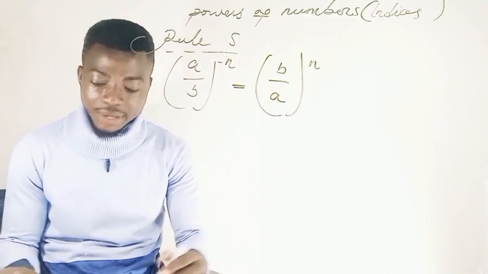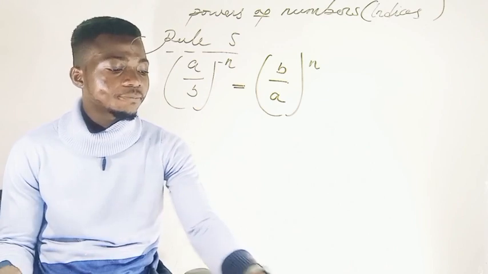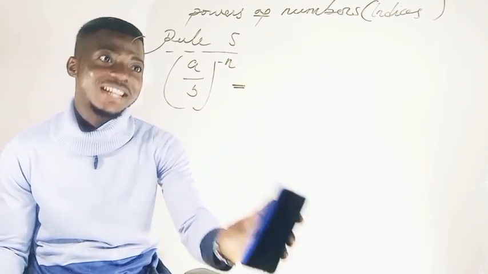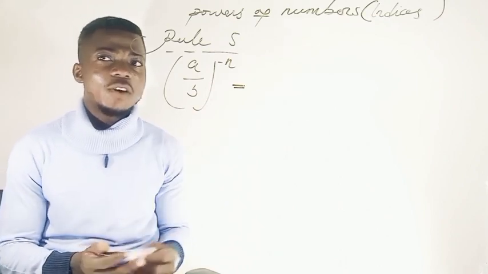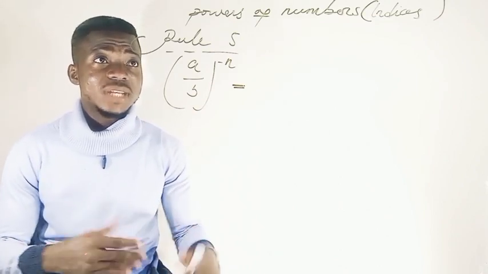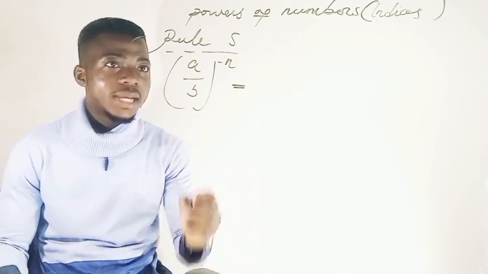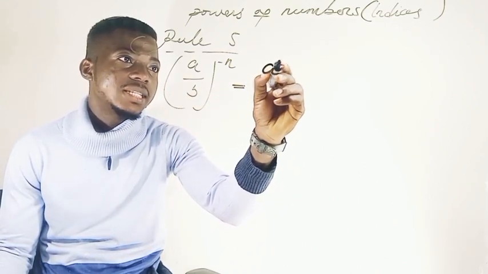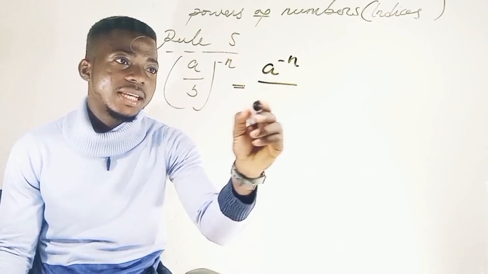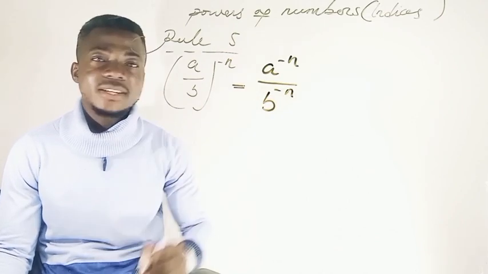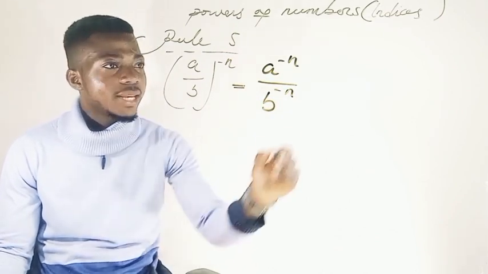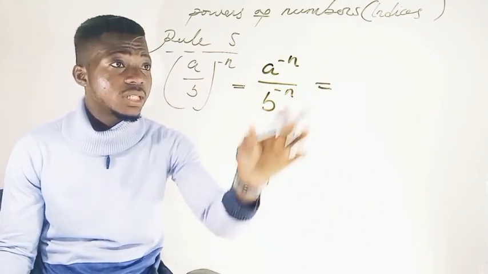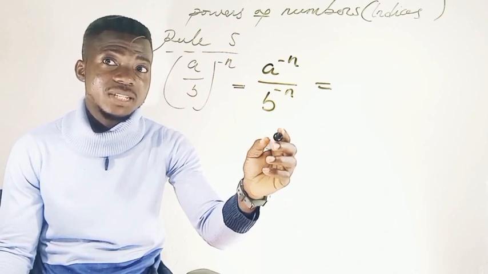Great. Let me clean this one. Now, if you want to solve this one using the very rules and the very little knowledge I would know, this one can be written as a exponent negative n over b exponent negative n, right? Great. Now, using one of the rules, we have this for negative exponents, right?